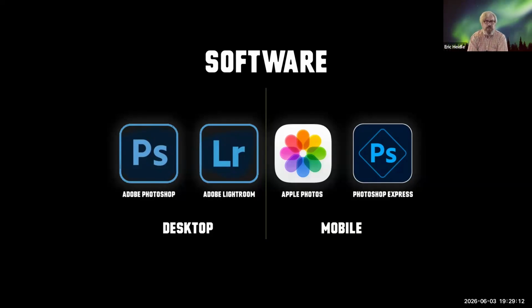But Adobe Photoshop has, for 30 years, been the industry standard for image editing, for doing retouching, also color correction. Adobe Lightroom is a companion product, and it's focused more on being a digital darkroom.